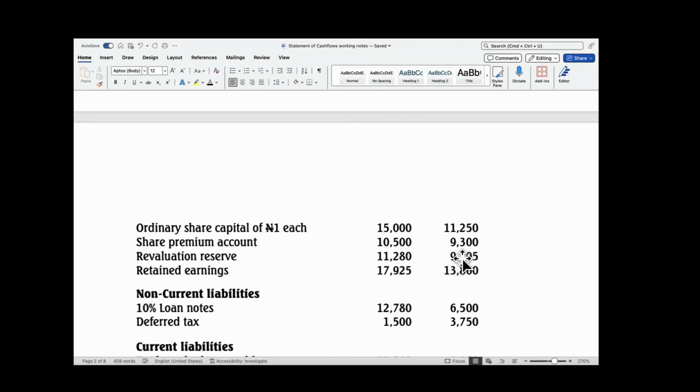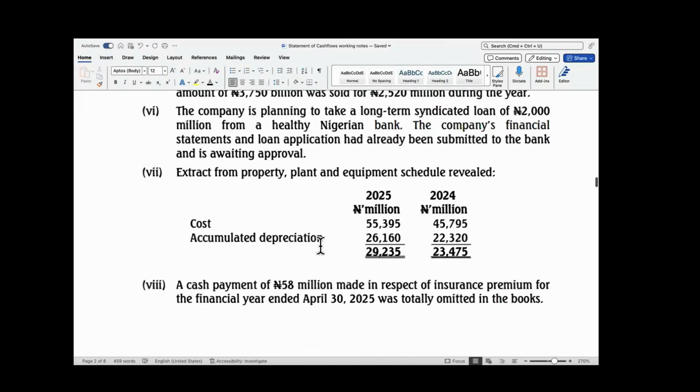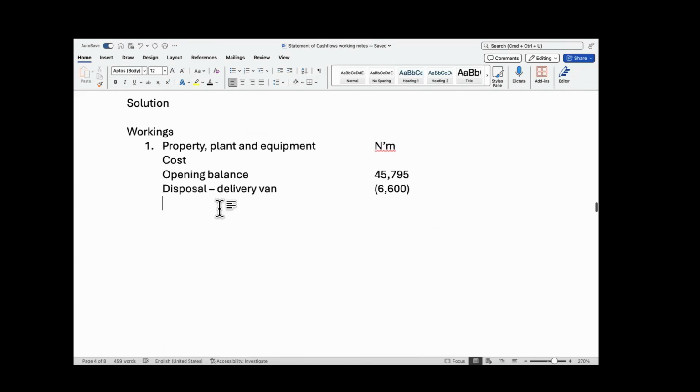If you look at it, last year our revaluation reserve was 9195. This year it is now 11280. That means there was a revaluation surplus in the current year. And how much is that? 2,085 naira. So there is a revaluation surplus, which is a non-cash item, of 2085.